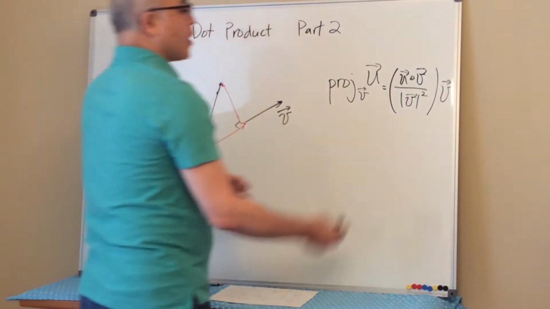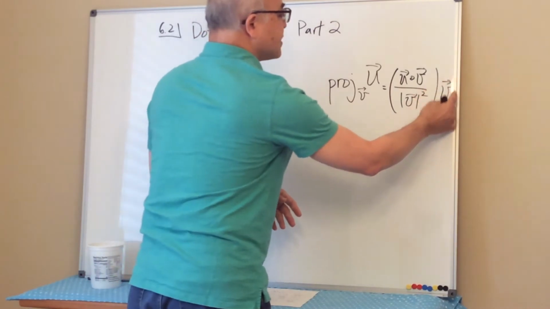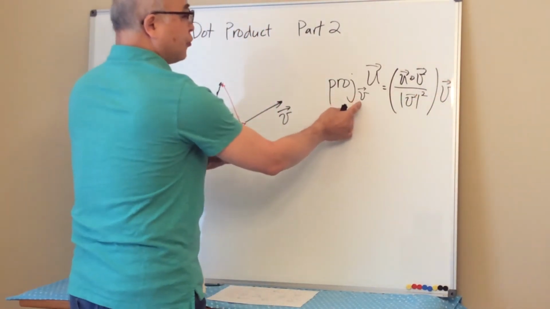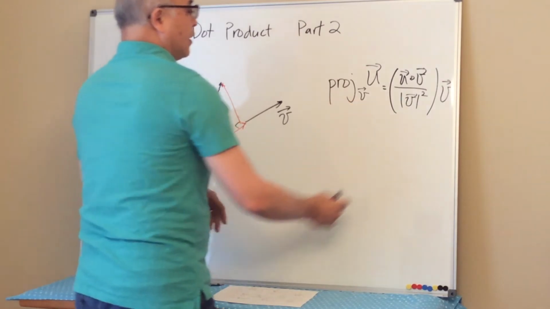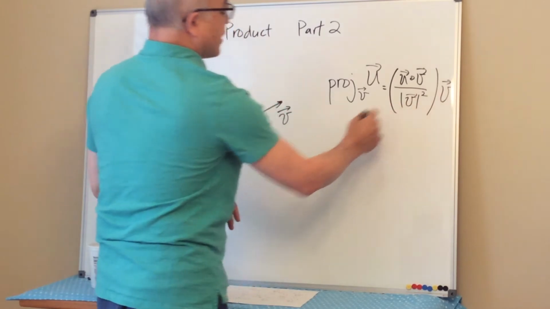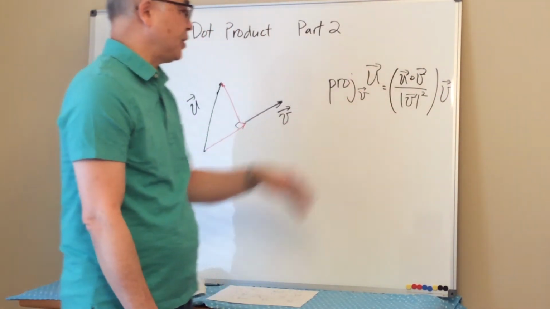Okay? So the way to memorize or remember this equation is that the v has to be on this side when you're projecting onto the v vector, and then you'd have the dot product divided by this guy squared down here. Okay, so that's how I would remember this equation.